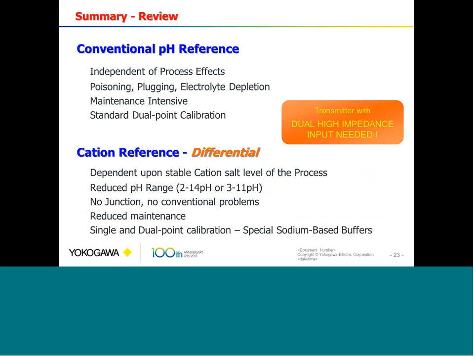It does also suffer a little in that it has a reduced measuring range. It may be 2 to 14 or 3 to 11 depending on which process we're in. But there's no junction, there are no conventional problems, there is reduced maintenance, and there are a couple of different versions, but it may only be a single point calibration where conventional electrodes should always be a dual point calibration. So there are some advantages there.